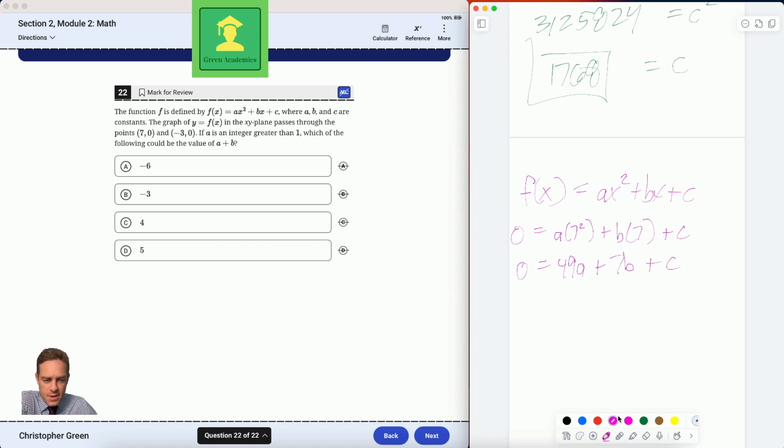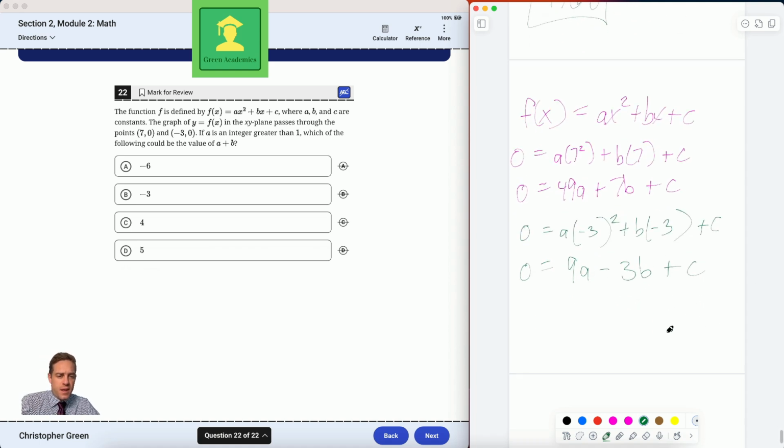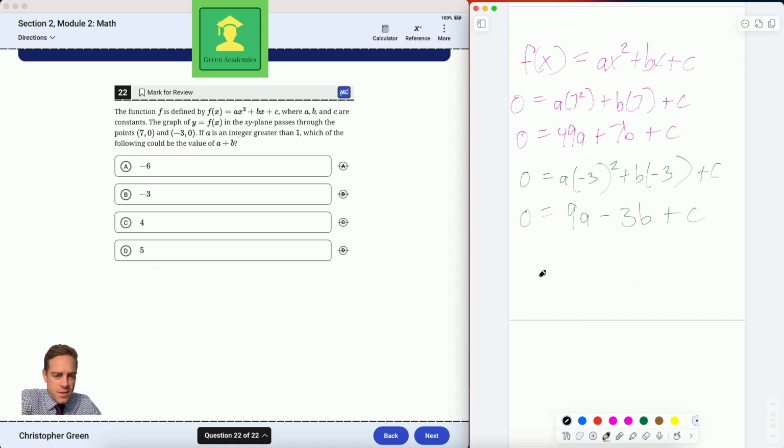And then completely separately from that, using the other given point, you get 0 equals a times negative 3 squared plus b times negative 3 plus c, as in 0 equals 9a minus 3b plus c. Now if I write those two expressions on top of each other, I'm guessing I can actually get somewhere helpful with this.